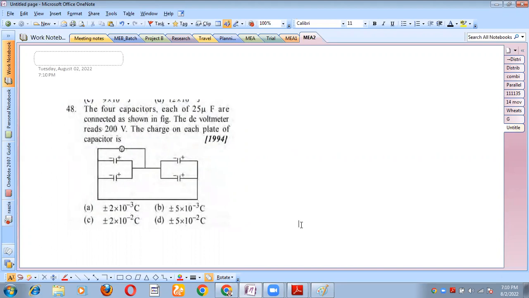So here we have 4 capacitors connected as shown in the figure. Then we have to find the charge on each capacitor. So try it.